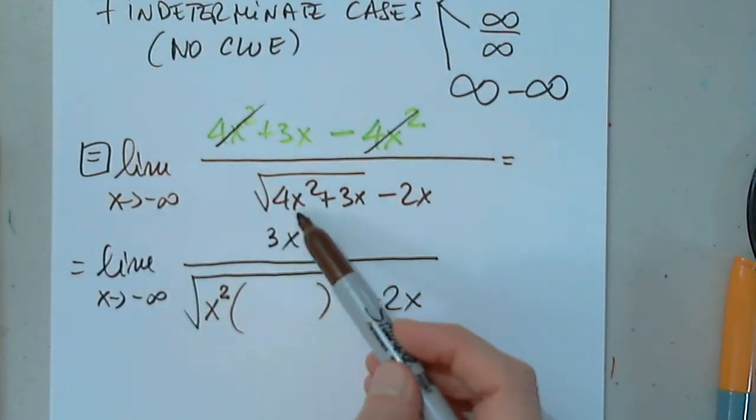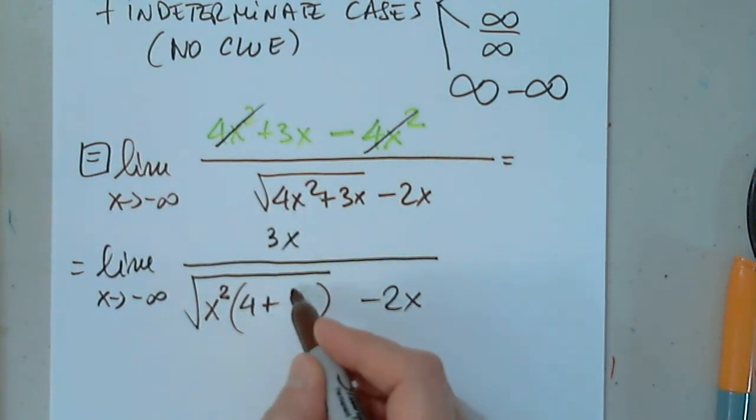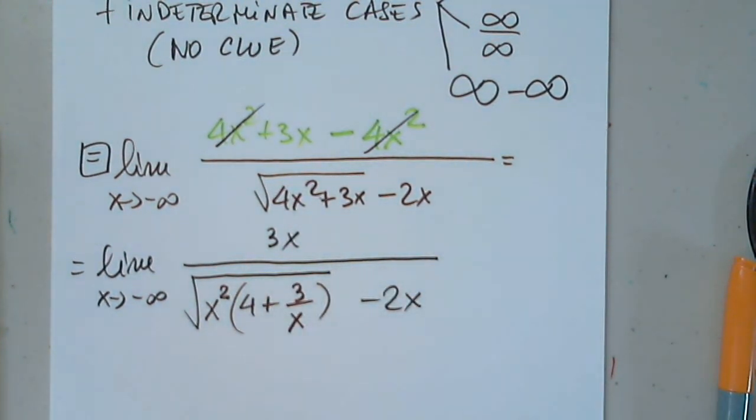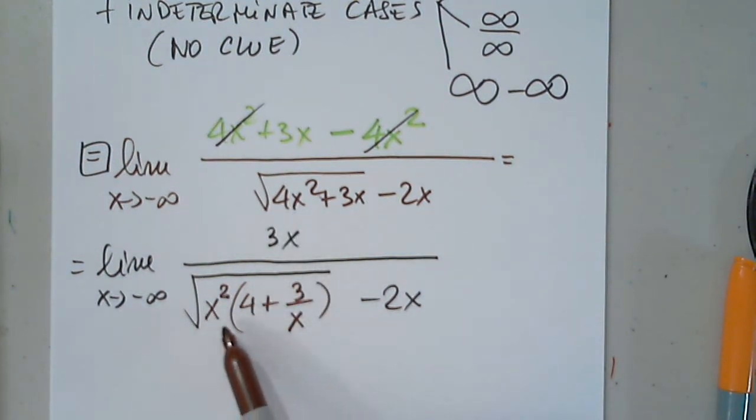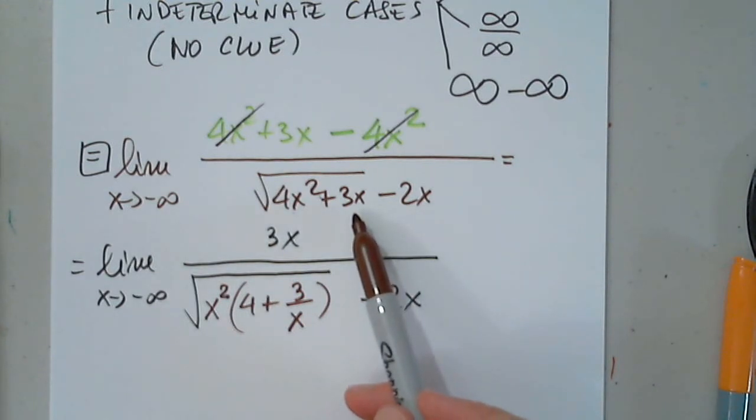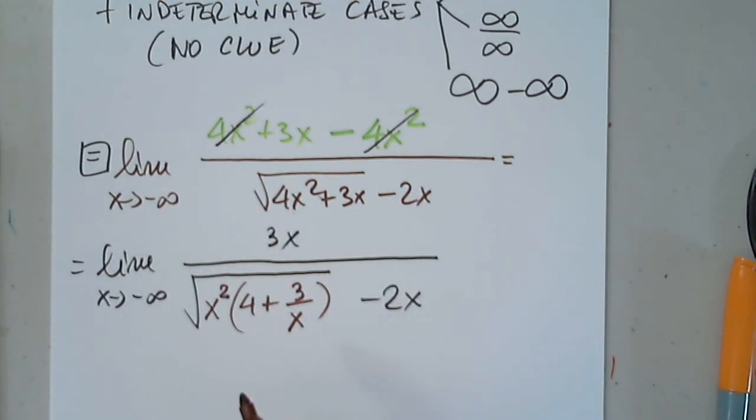So one more time, we are factoring x squared: 4 plus 3 over x. Do we agree with that? 4 times x squared checks. X squared, 1x goes away and I get 3x. Do we all agree with this step? This is a crucial step. We agree? Everyone, please? Okay.